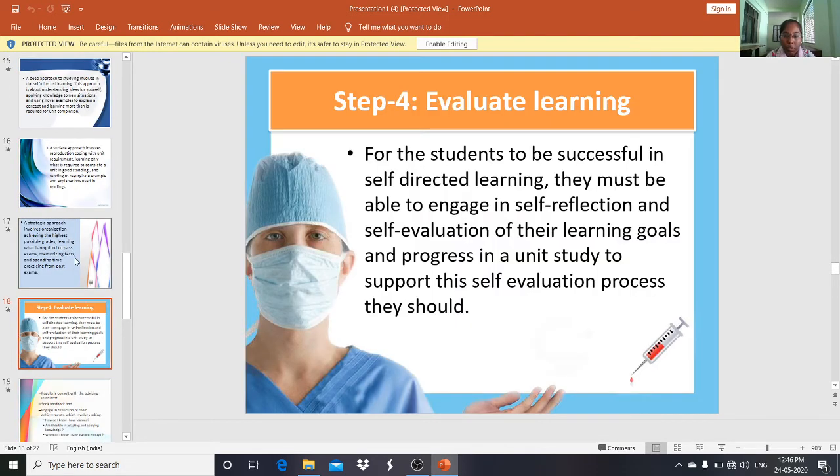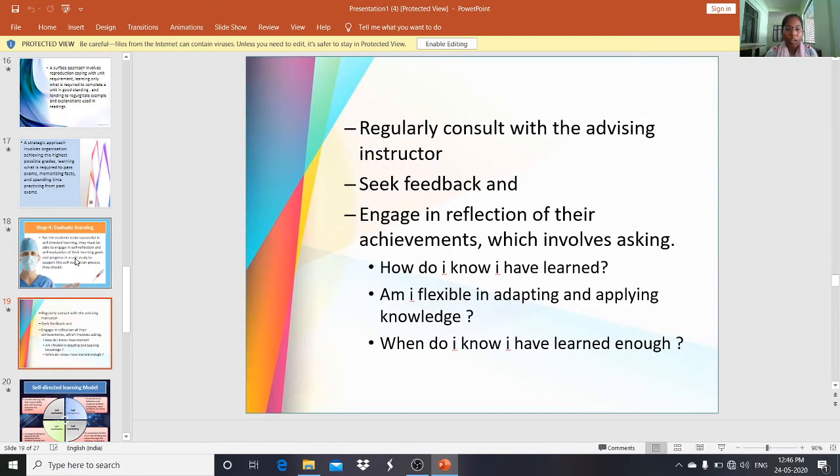Next, the fourth step is to evaluate the learning process. For students to be successful in self-directed learning, they must be able to engage in self-reflection and self-evaluation of their learning goals and progress in a unit study. To support this self-evaluation process, they should regularly consult with the advising instructor, seek their feedback, and engage in reflection on their achievements, which involves asking: How do I know I have learned?